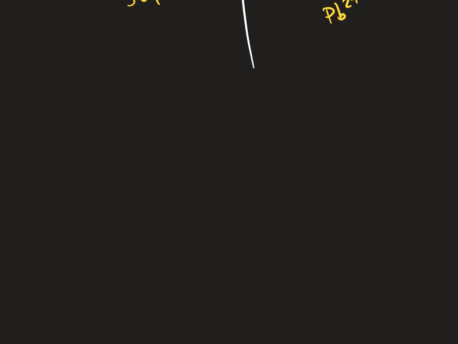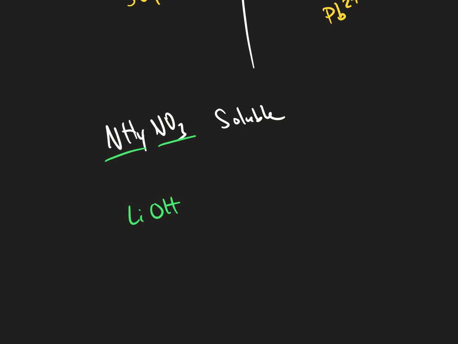So let's take NH4NO3. Is this soluble or insoluble? Soluble because of the ammonium and because of the nitrate. These are soluble without exception. What about lithium hydroxide? Soluble because of the lithium. The lithium is a group 1 element.